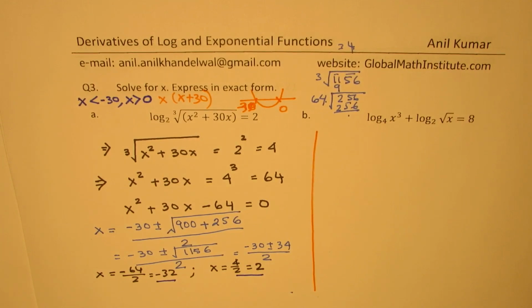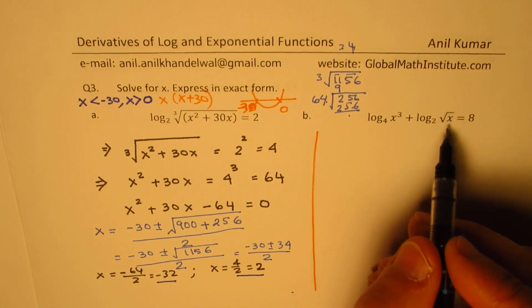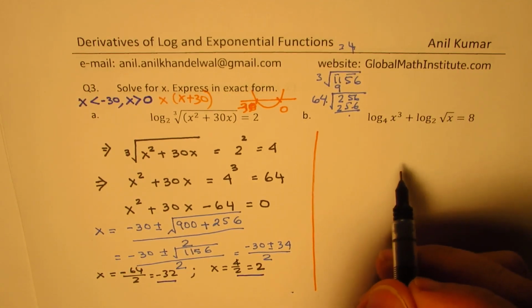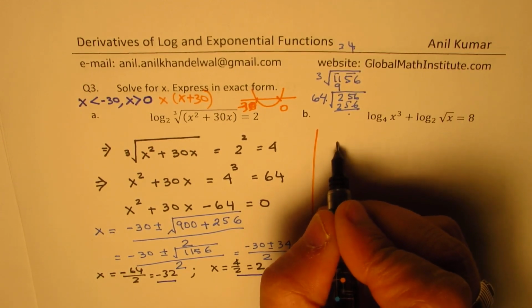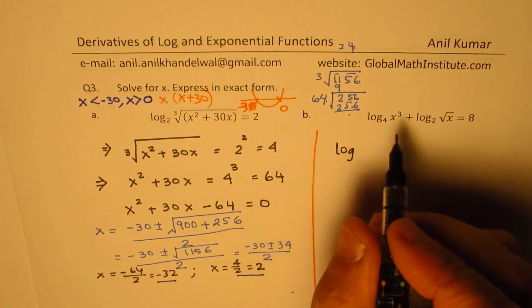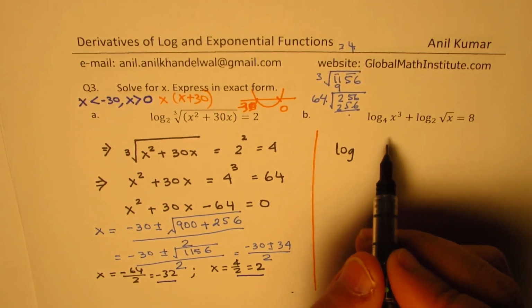Now, let's take the next question, which is log to the base 4 of x cubed plus log to the base 2 of the square root of x equals 8. We'll apply the properties of logarithms. First, let us change the base to 2.